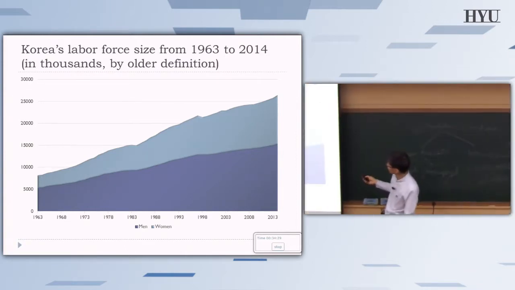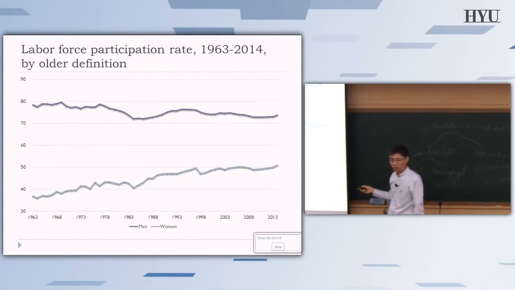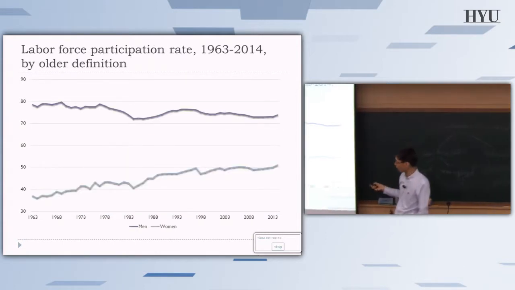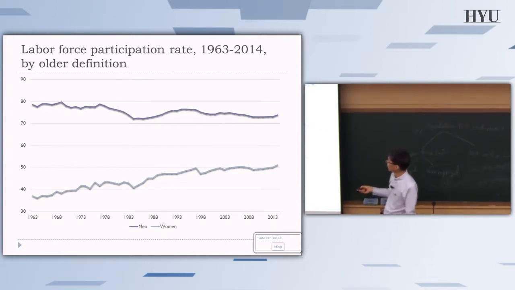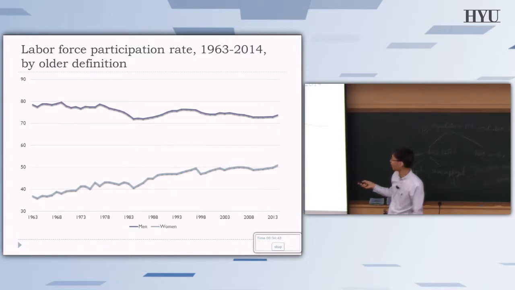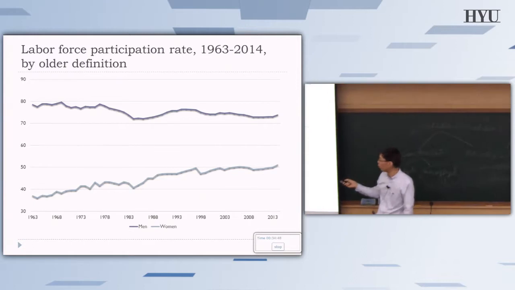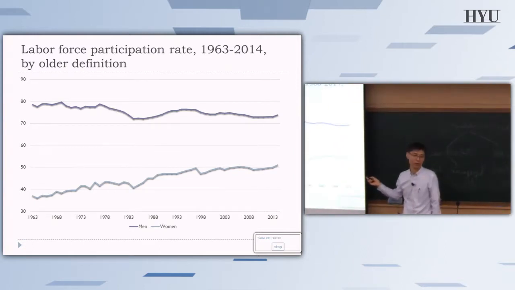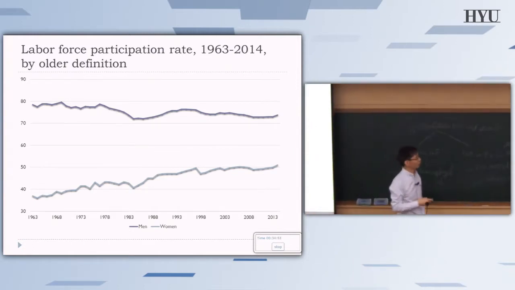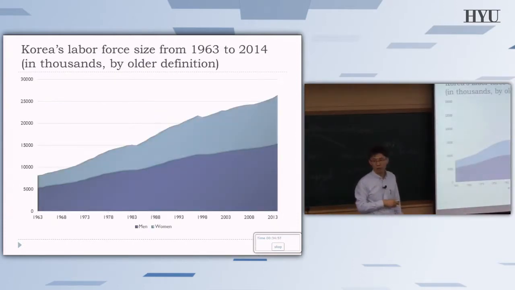So in Korea's case, P is increasing. Also, if you look at the labor force participation rate for the same period, actually for men, LFPR now is lower than LFPR 50 years ago. So for men, it has been increasing mostly because population size has increased.